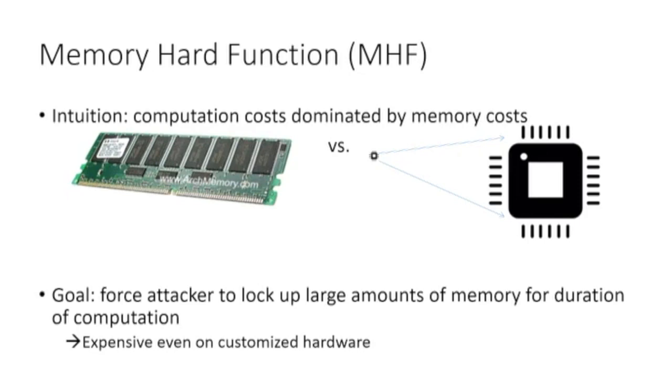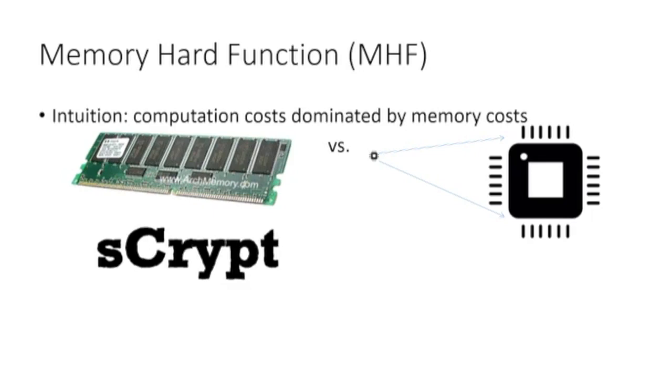So the attacker is not really going to be able to improve latency or bandwidth or the physical cost of that DRAM chip. He can't reduce that cost by building customized hardware. That cost is constant and equitable across architectures.